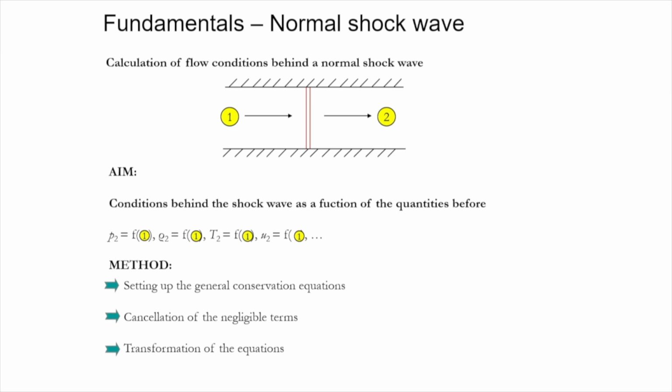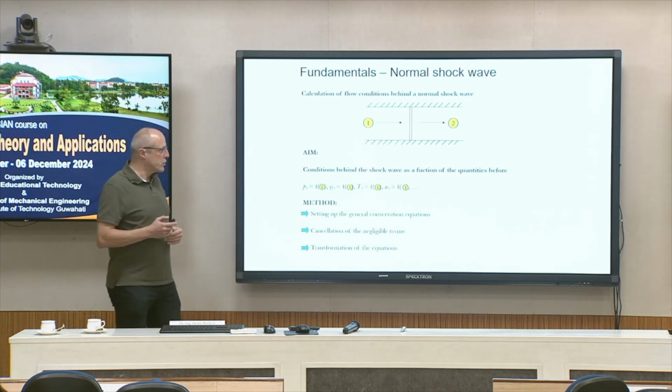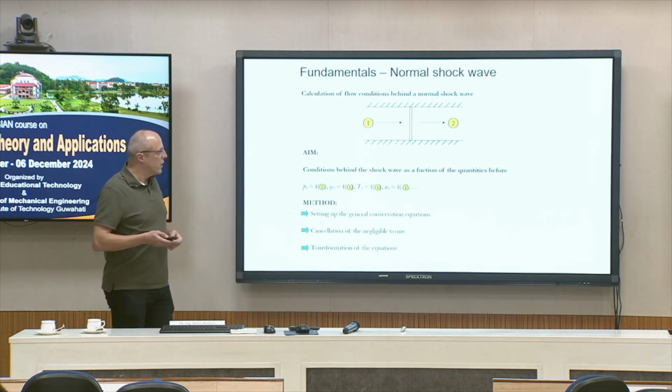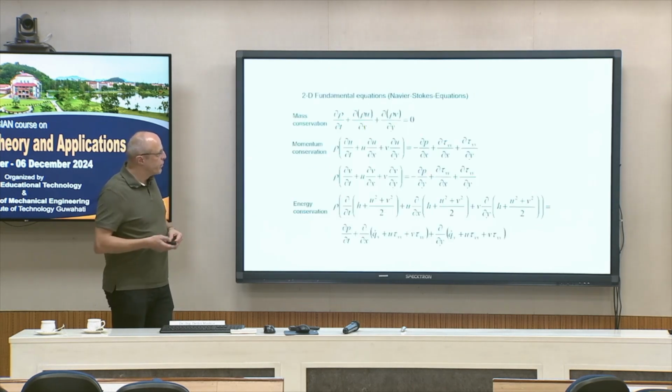So we set up the general conservation equations. We cancel all negligible terms, and then we transform the equations and hopefully can calculate the conditions behind the shock wave depending on the conditions before the shock wave plus the velocity of the shock wave.